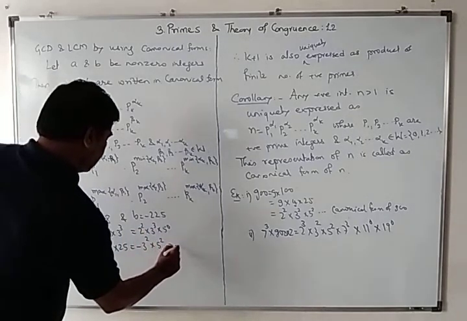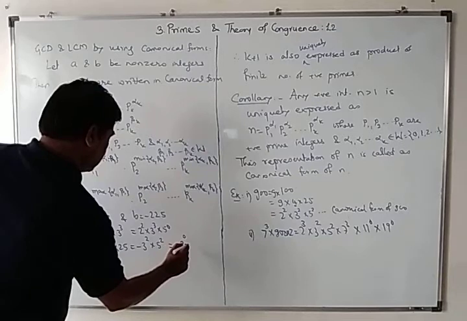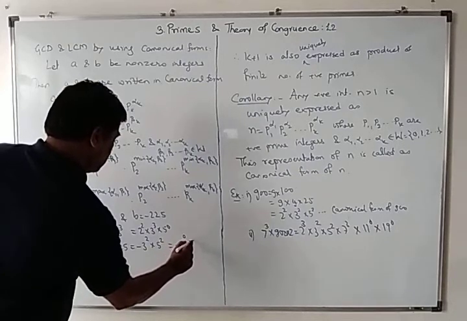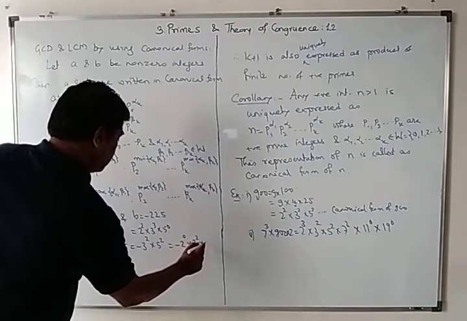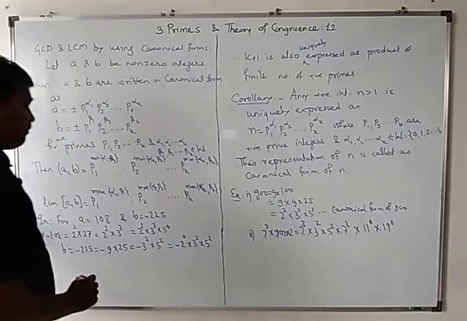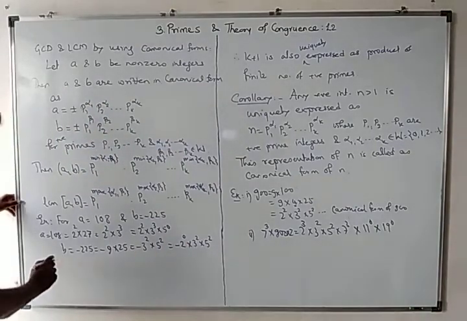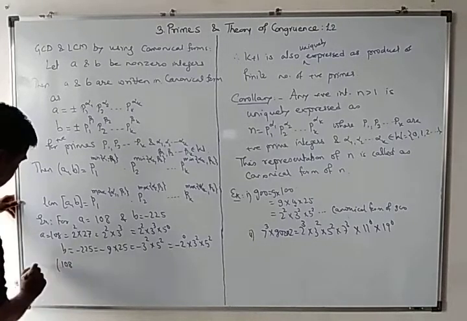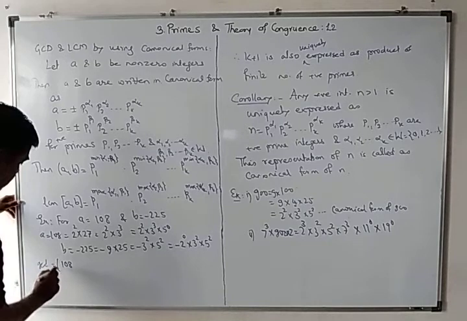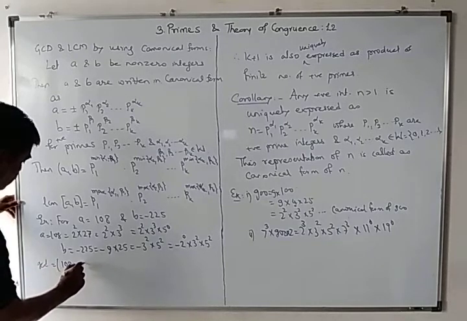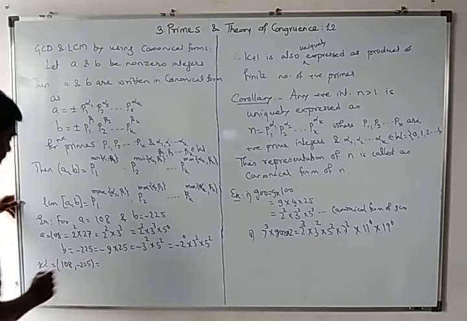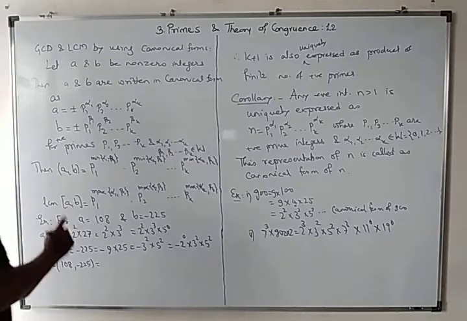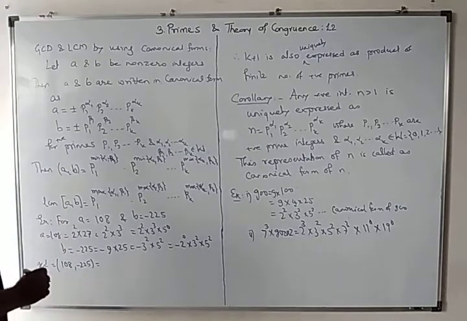I will write B as minus 2 raised to 0, that is 1, into 3 square into 5 square. So GCD of 108 and minus 225 is equal to, we always take GCD and LCM to be positive.